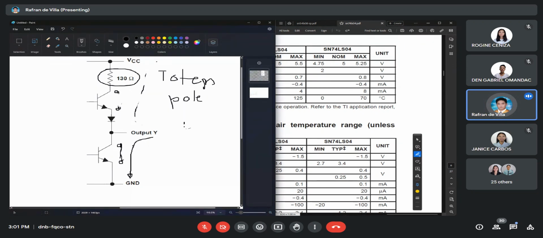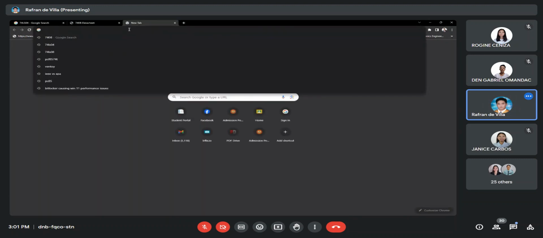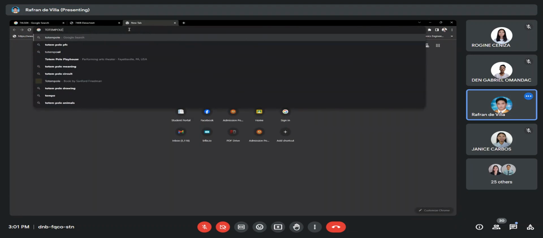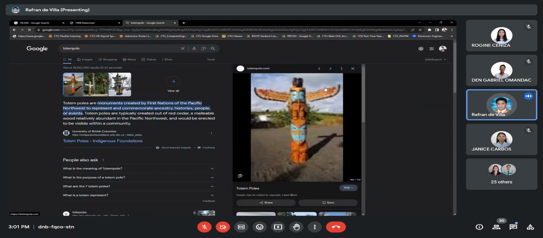Are you familiar with the word totem pole? So this is a totem pole. Did you get why the output is called a totem pole?